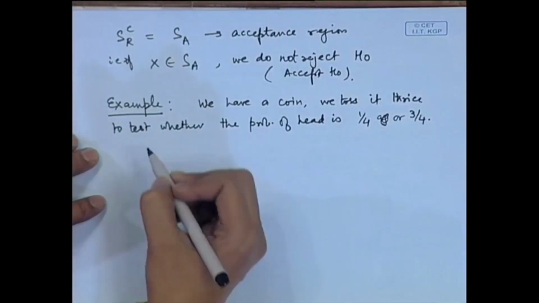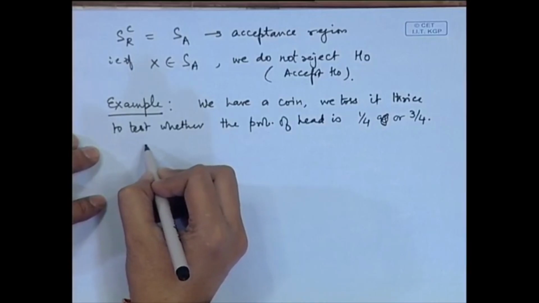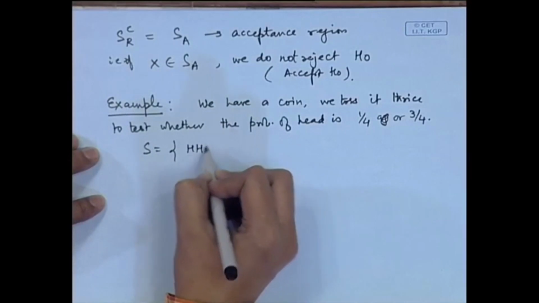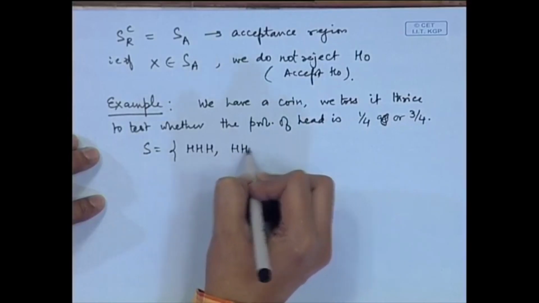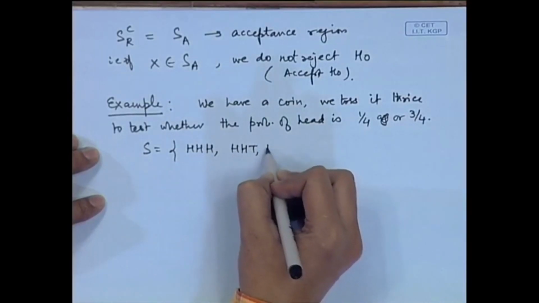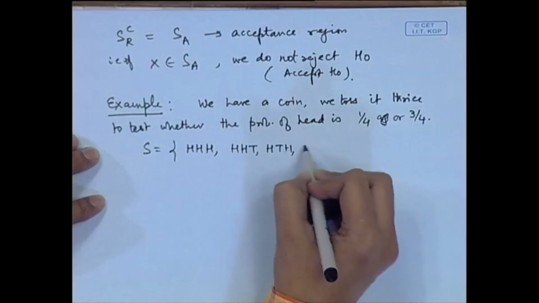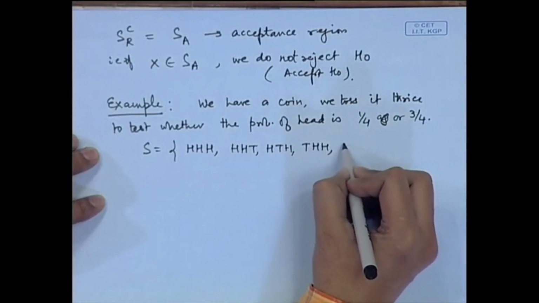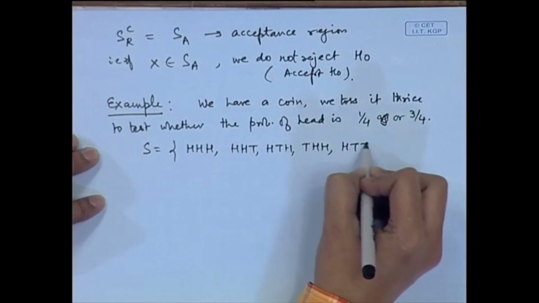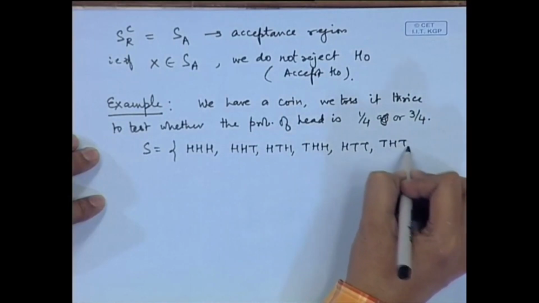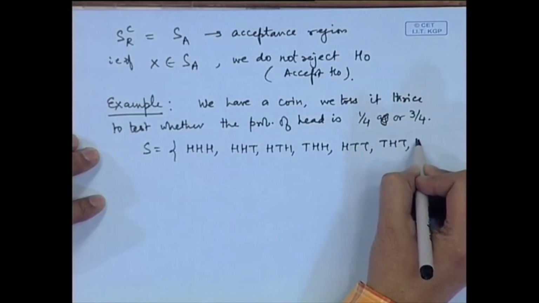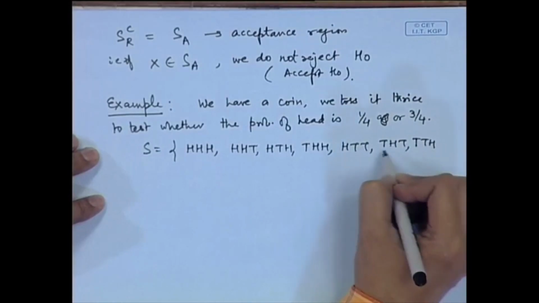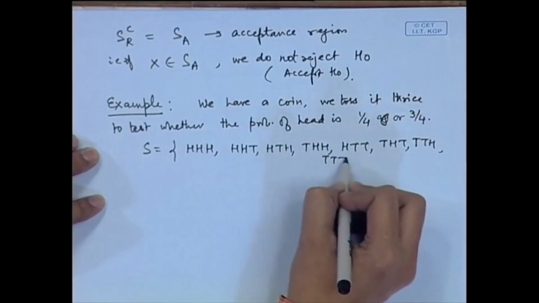So, our sample space consists of all heads or 2 heads or 1 head or all tails.